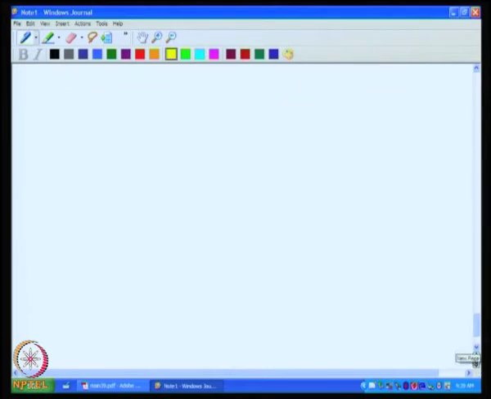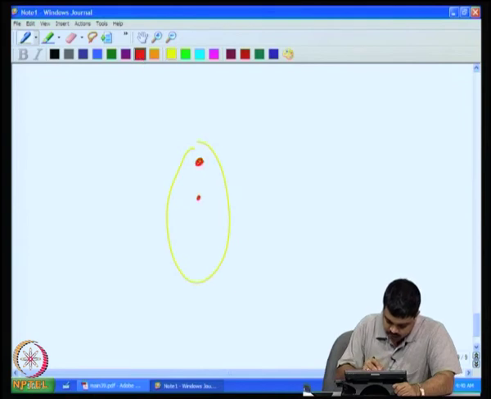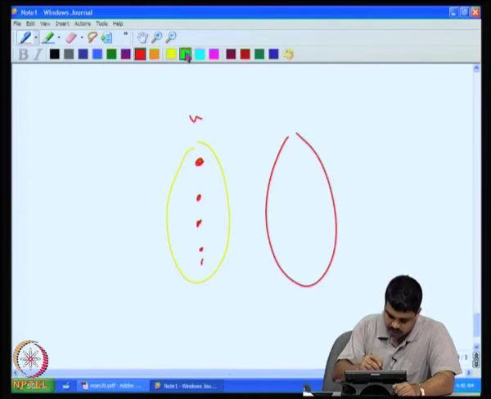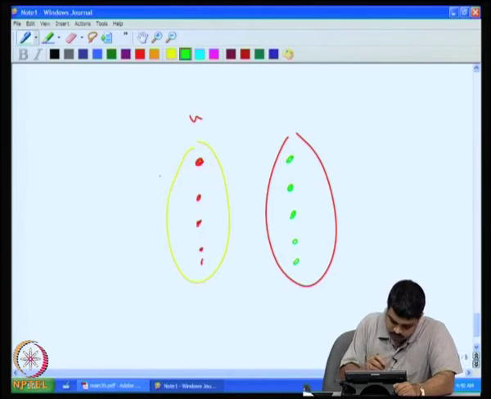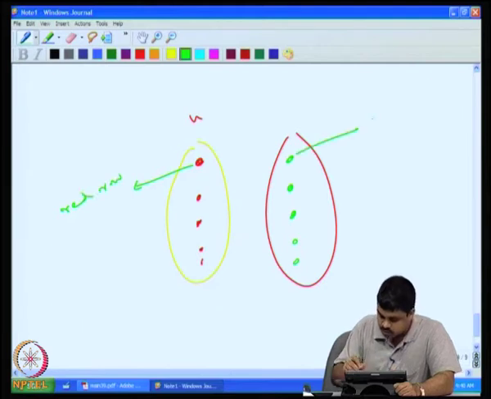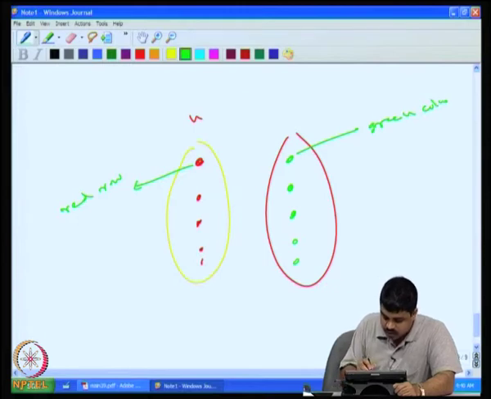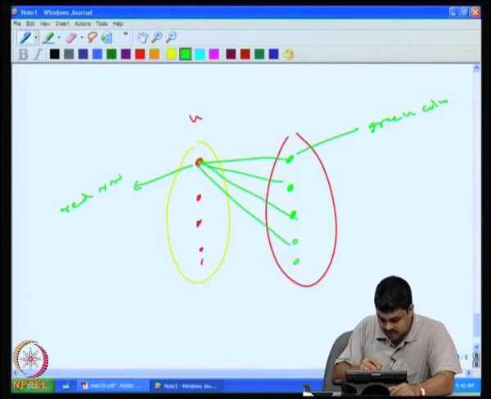So we will get a graph where these are all red rows, n of them, and here we have green columns. And of course a red row intersects with each green column, and intersecting means that there is an edge between them.